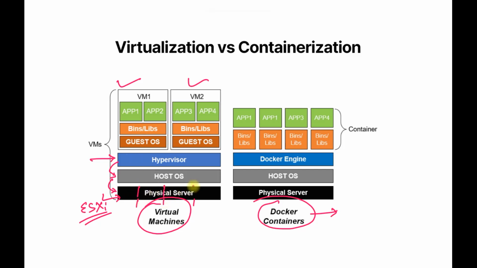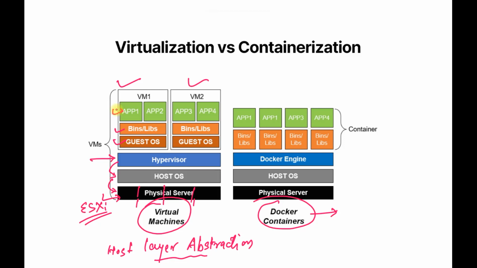It's a host layer abstraction. We divide this host into chunks of VMs, and on each VM we can run our OS, our code, libraries and dependencies, and on top of that, our application.